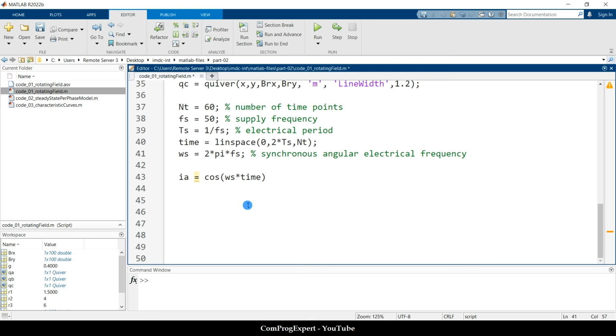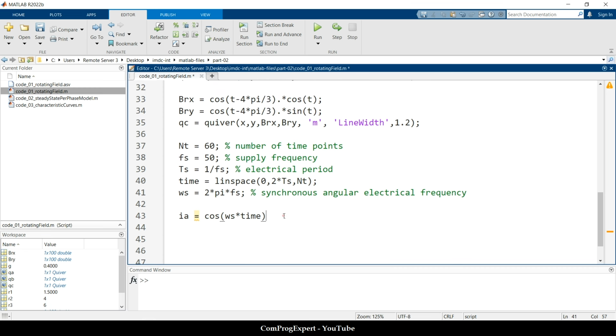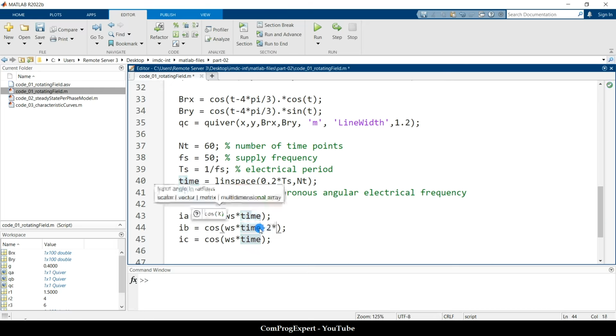Yes, the unit is radian per second. So consider this value for the current of the phase A. And we have this current for the phase B and this for the phase C, the same function, minus 2 pi divided by 3 and here minus 4 pi divided by 3.